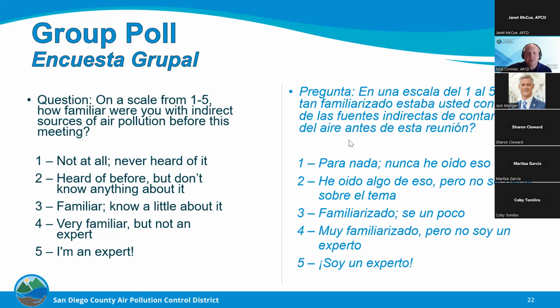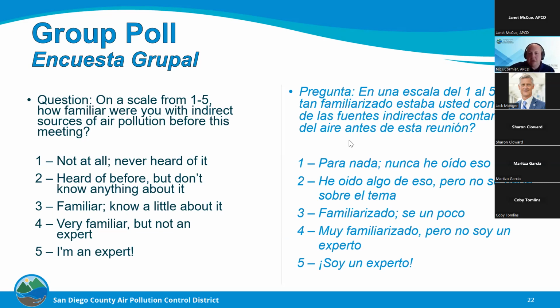If everyone can't see this, I'll go ahead and read it. On a scale of 1 to 5, it looks like about half the room is very familiar, but not an expert. So that's number 4, about 56% of us. Coming in second, people are familiar but know a little bit about it. So 32% responded to number 3.